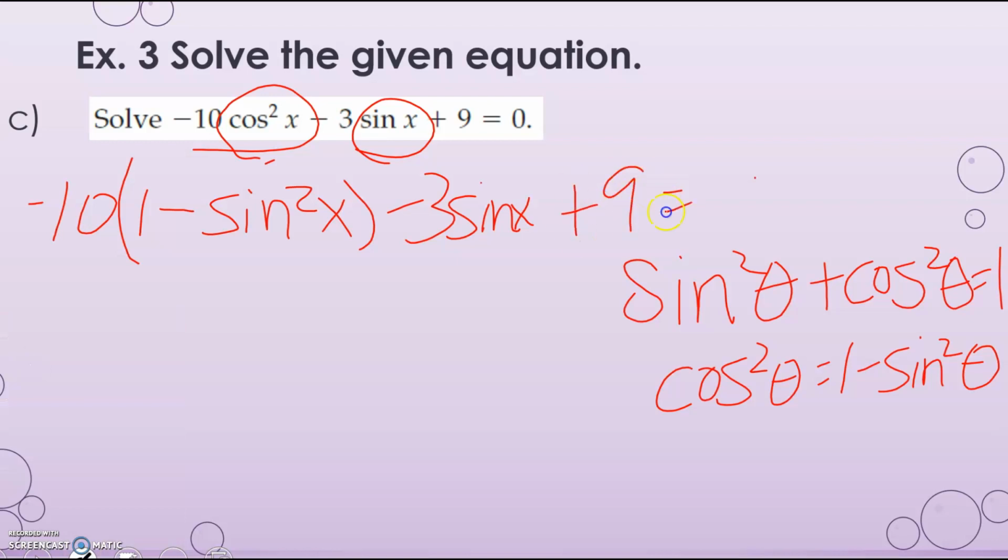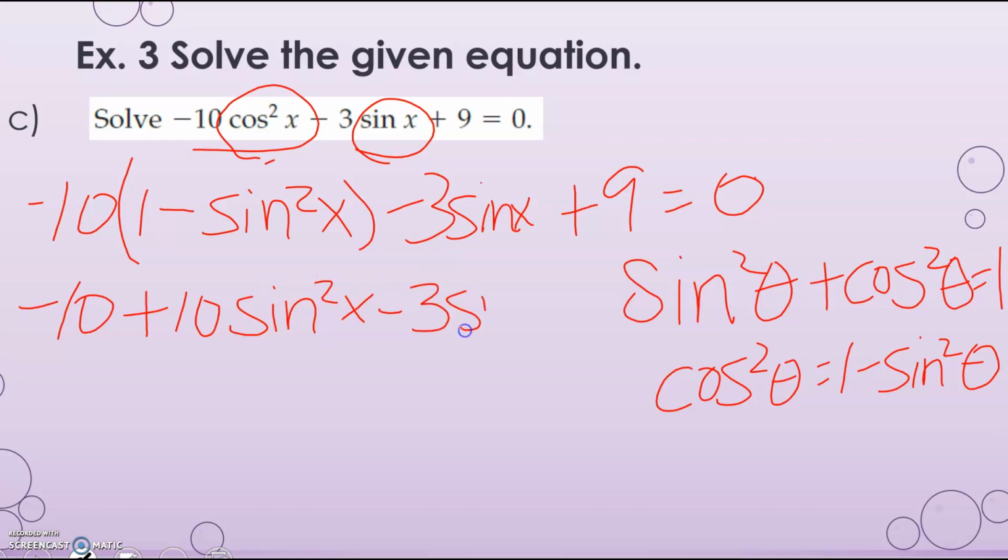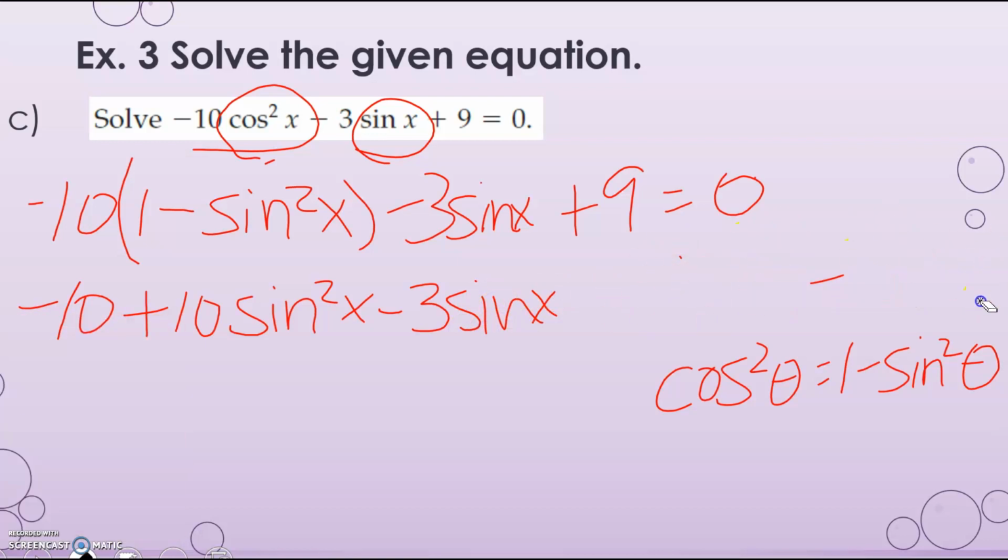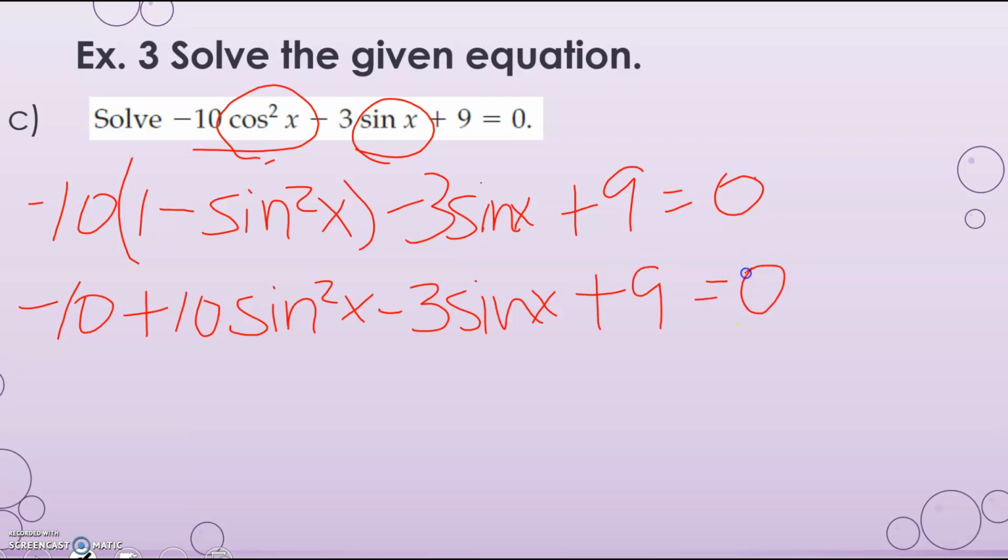plus 9 equals 0. Distribute, so negative 10 plus 10 sine squared x minus 3 sine x plus 9 equals 0.